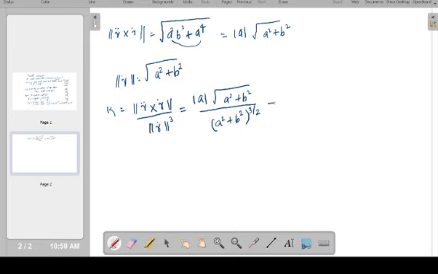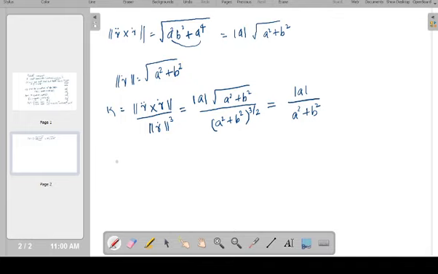In the numerator you have a square plus b square to the power 1 by 2, and in the denominator to the power 3 by 2. So cancel, and you get mod a divided by a square plus b square. This is the curvature. Curvature is the same at all points because it is independent of the parameter, here theta.